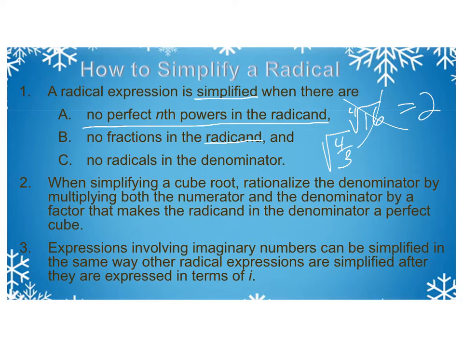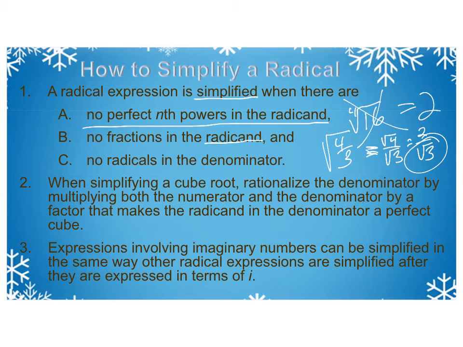You can't leave it in that form because you have a radical 3 in the denominator. That's supposed to be an equal sign, apologies. So now I have 2 over root 3, so I would have to rationalize that. We're going to talk about what that means. No radicals in the denominator. That's exactly what I was just talking about. You have to rationalize them.